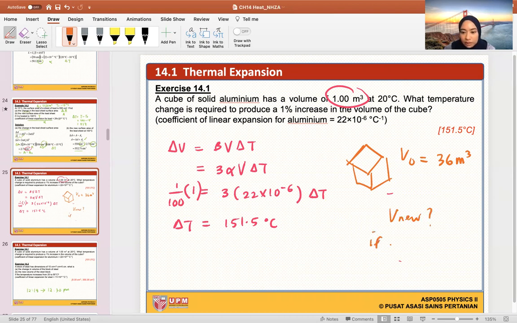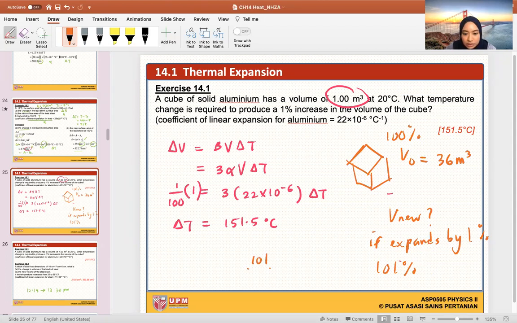Original volume kita adalah 100%. Kalau dia expand by 1%, volume dia akan menjadi 101%. So kalau 100% equal to 36 meter cube, apakah value V new?